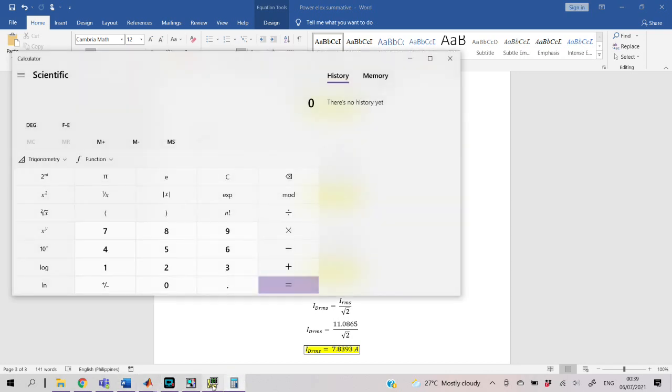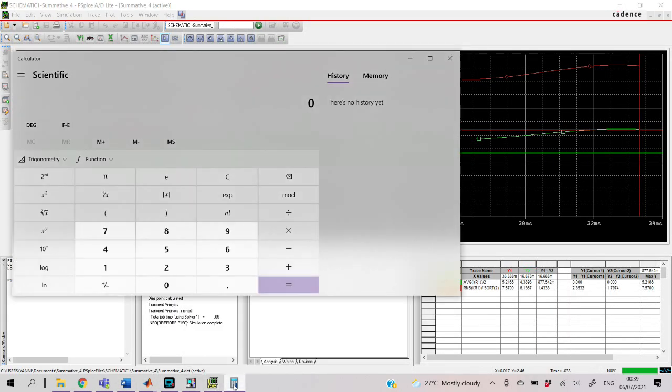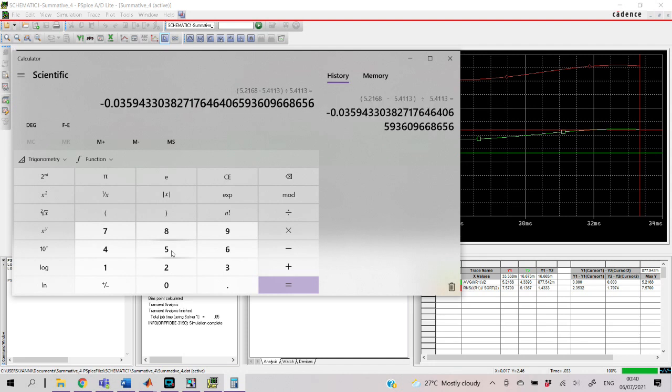So 5.2168 minus 5.4113, divided by 5.4113, times 100.